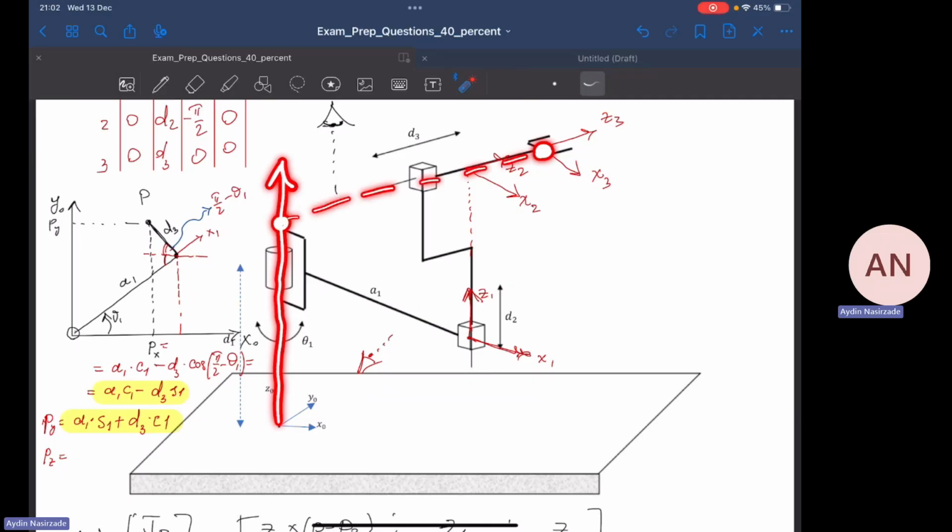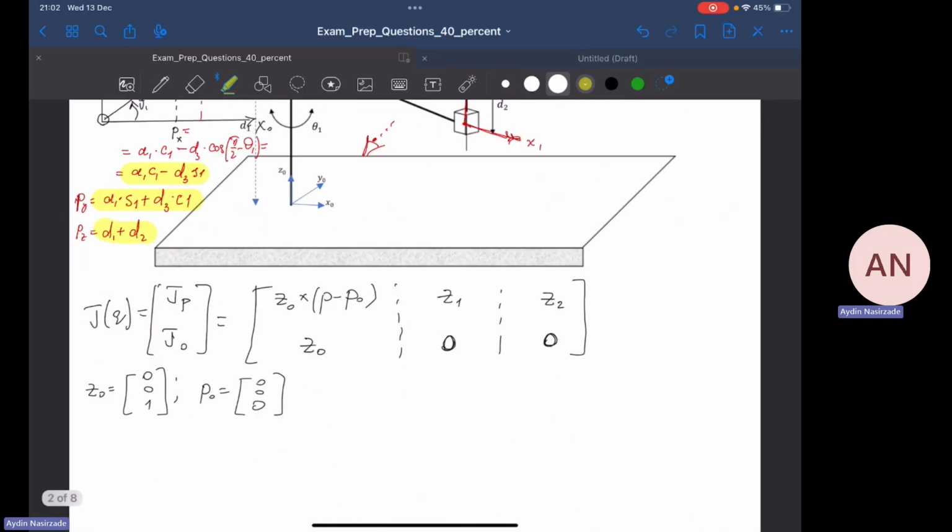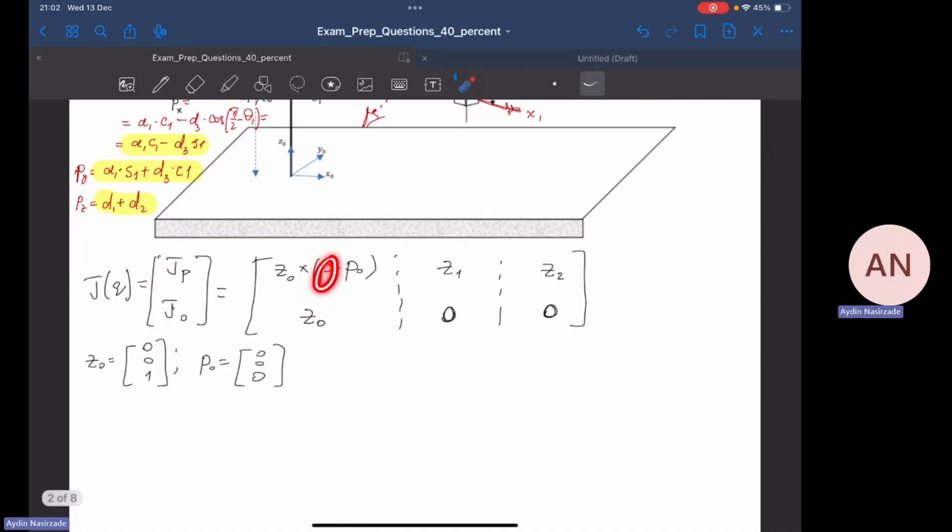And what is this length? d1, up until here, plus d2, because d2 has a contribution of point P along the z0 axis. That's why Pz becomes d1 plus d2. That's it.